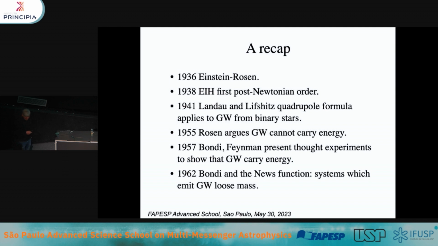So let's do a recap. This was the early 60s. In 1936, Einstein and Rosen published their cylindrical waves equation. In 1938, Einstein, Infeld, and Hoffmann, and the first Newtonian order.